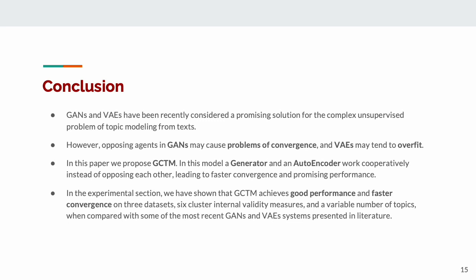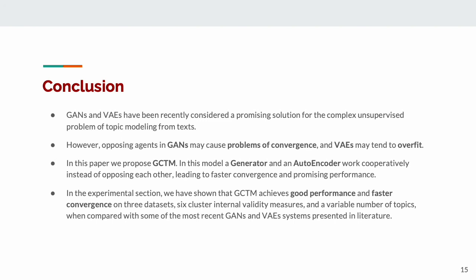To conclude, Generative Adversarial Networks and Variational AutoEncoders have been recently considered promising solutions for the complex unsupervised problem of topic modeling from unlabeled text. However, opposing agents in generative adversarial networks could cause problems of convergence, while, on the other side, autoencoders could tend to overfit.